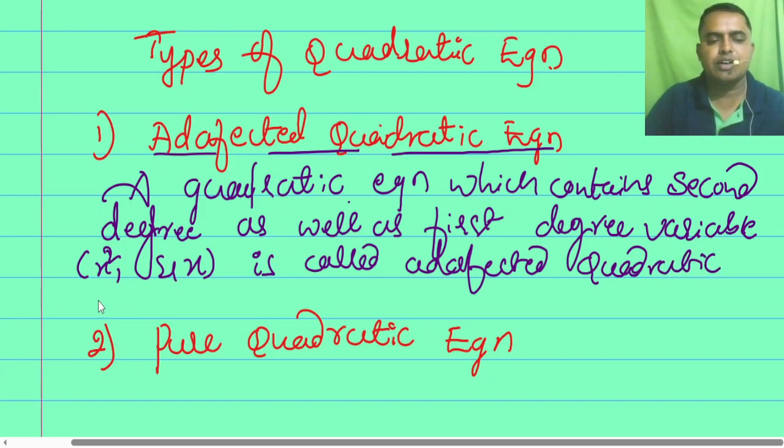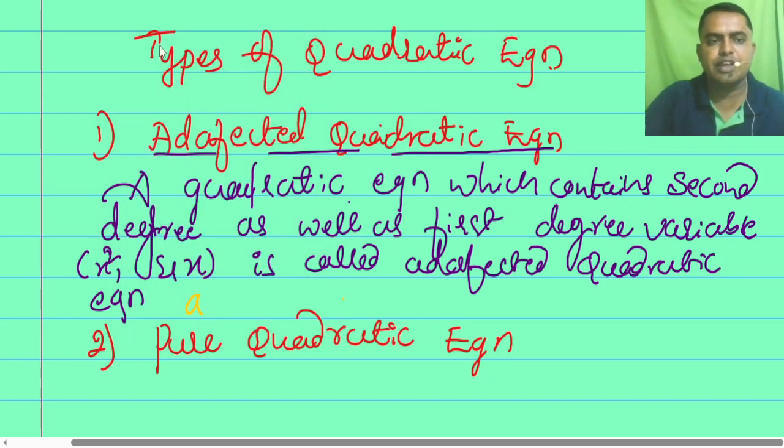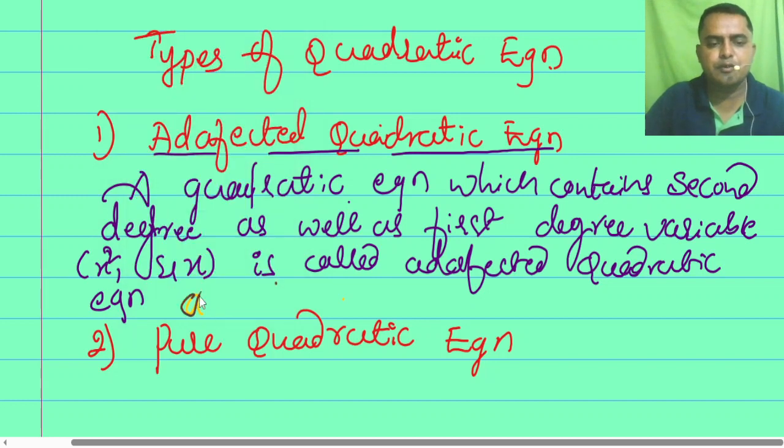Example, it is of the form ax square plus bx plus c is equal to 0.